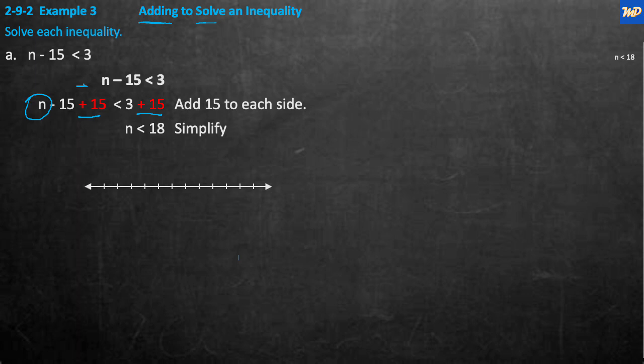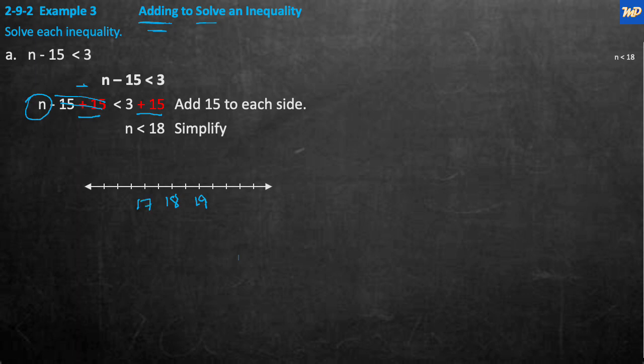Okay? So now these cancel. Negative 15 and positive 15 cancel, make a 0. And 3 plus the 15, because we added 15 to both sides, equals 18. So n is less than 18. So if I go down here to the bottom and say that this is 18 right here, then this is 19, and this is 17 right here.